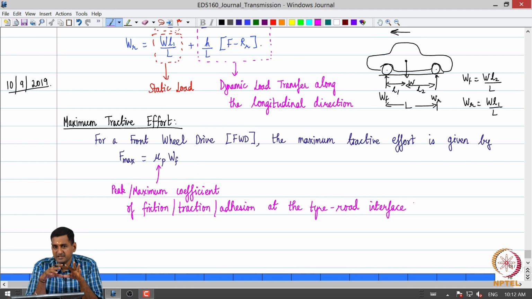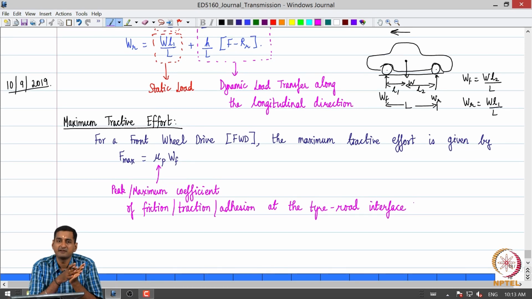So this coefficient mu is called the friction coefficient or the traction coefficient or the adhesion coefficient at a particular tire road interface, okay. So I have put the subscript p to indicate that there is a peak value, okay. So this mu p is the maximum value that you can get at a particular tire road interface. The value of mu p changes with the type of road surface.